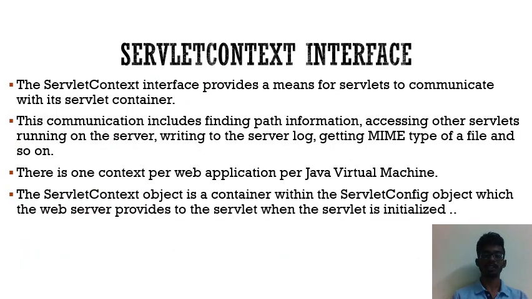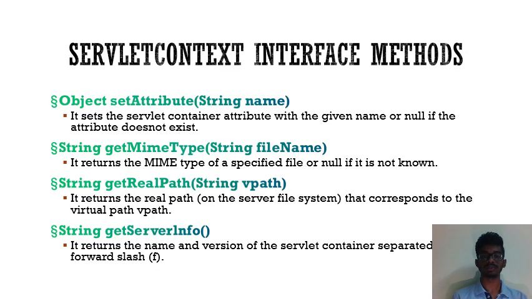The ServletContext interface provides a means for a servlet to communicate with its servlet container. The communication includes finding path information, accessing other servlets running on the server, writing to the server log, etc. The ServletContext is a container within the ServletConfig object which the web server provides to the servlet.